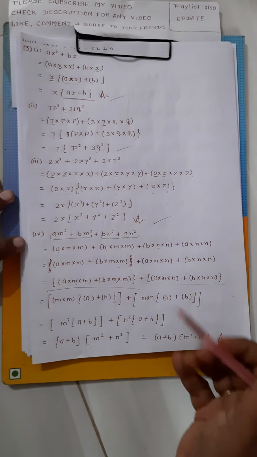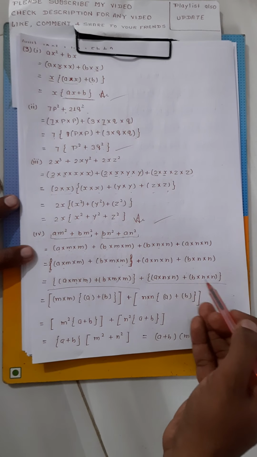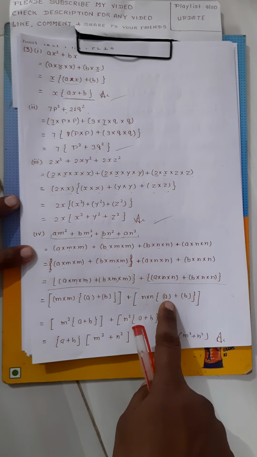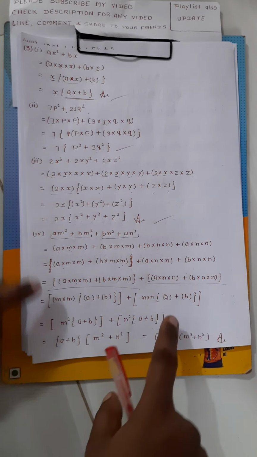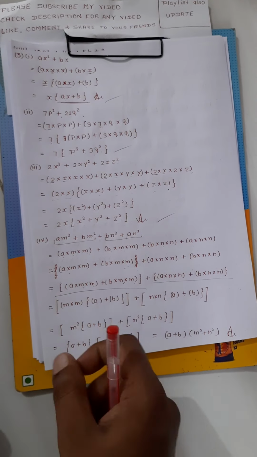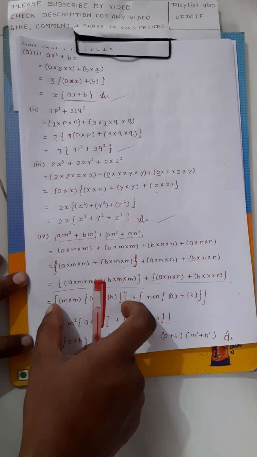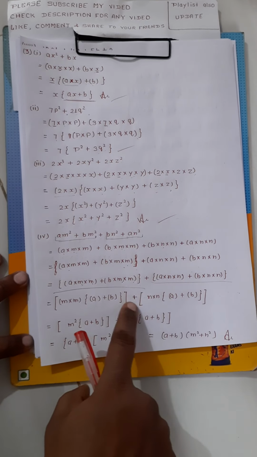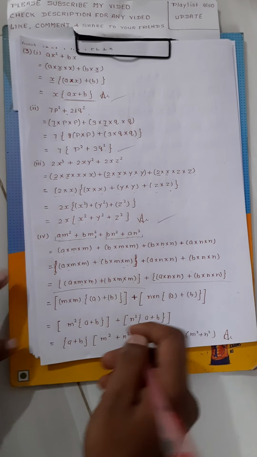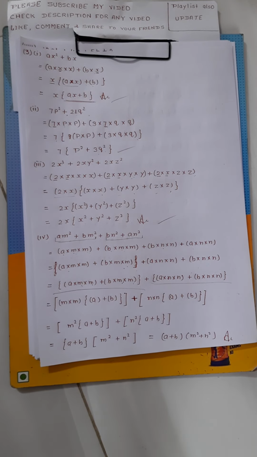Now we can take n into n from both terms. Now a will be left here and b will be left here, and we will close it by a bracket so that this term can be separated from this term, and the plus sign in between can be shown easily.